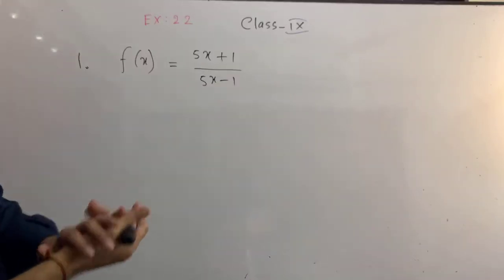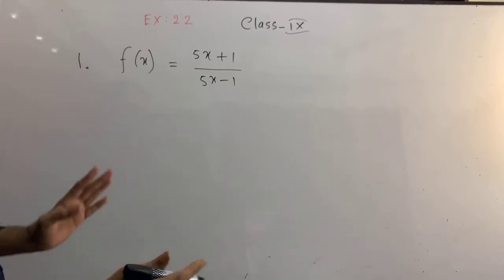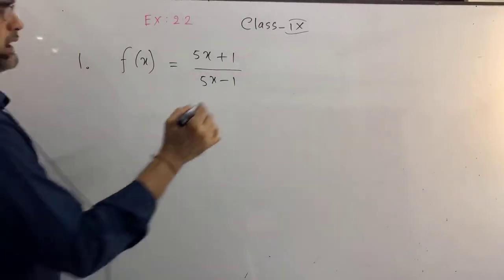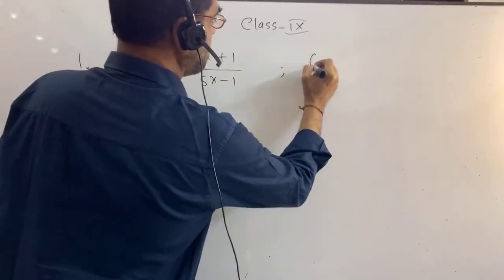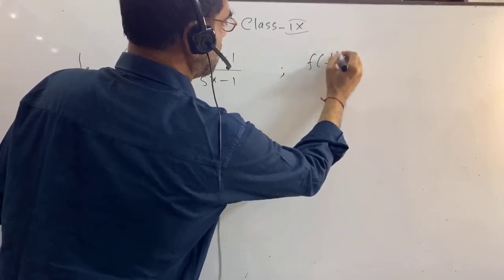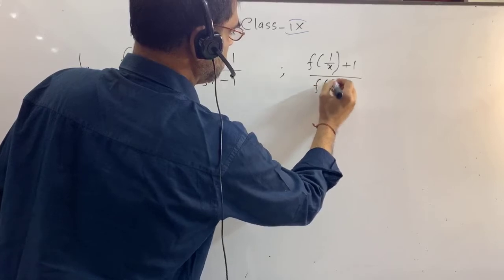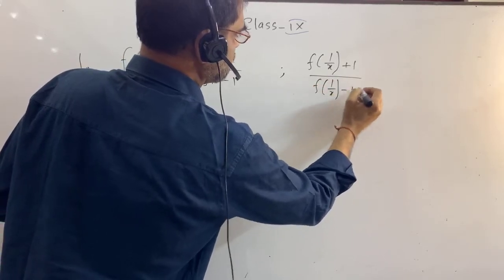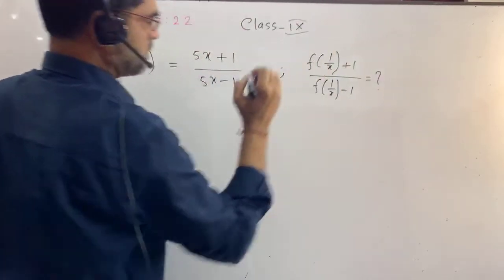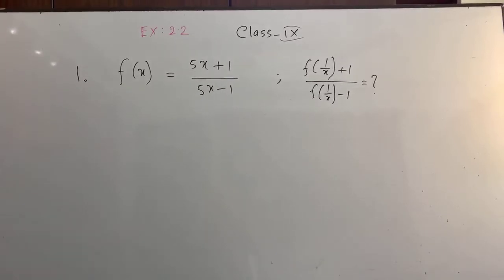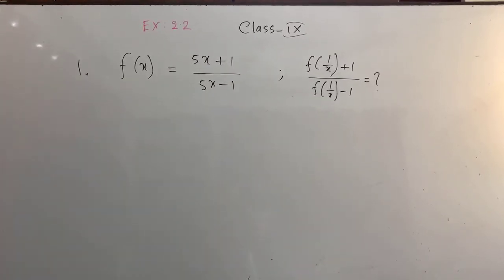Very easy and simple math. If you are told to determine f of 1 by x plus 1 by f of 1 by x minus 1 equals to what? Suppose you are told to determine this, then what would be your function?